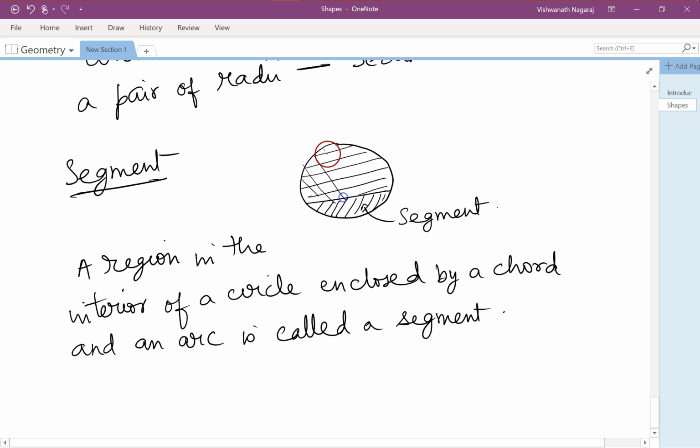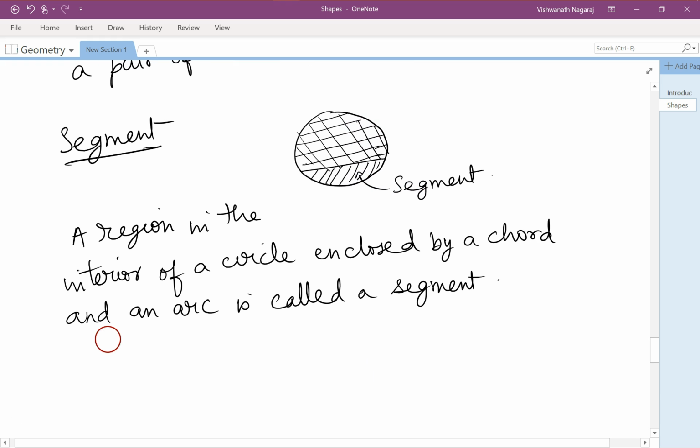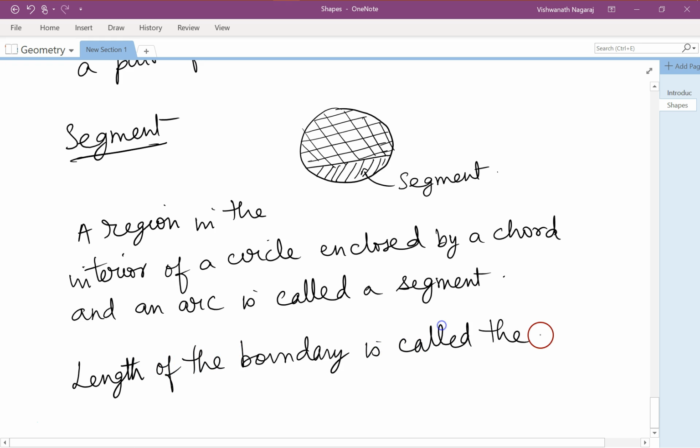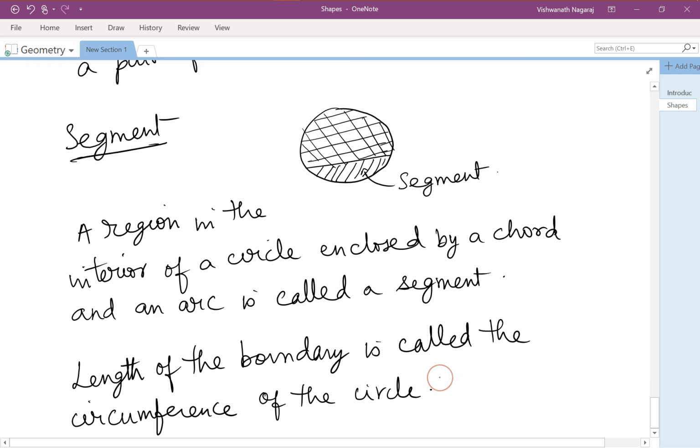See, the moment you define a segment of a circle, there will be automatically another segment. So this is, we can say, major segment because it is bigger, and this is the minor segment. Okay. Another very interesting one: the length of the boundary is called the circumference of the circle, or in other words, the distance around the circle is called circumference.